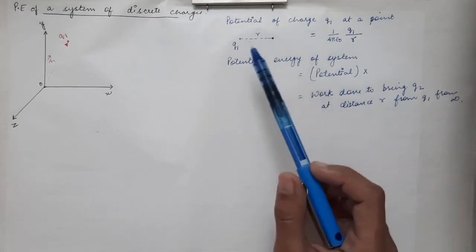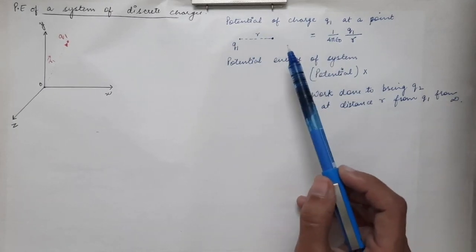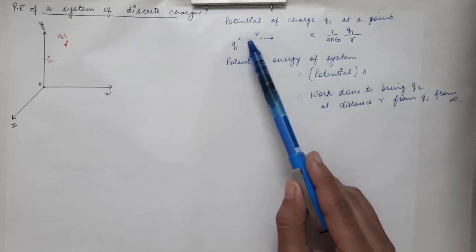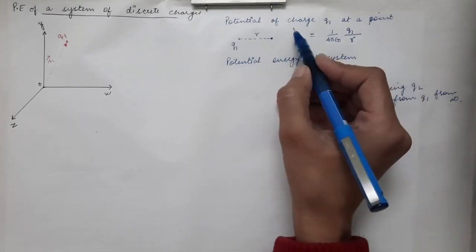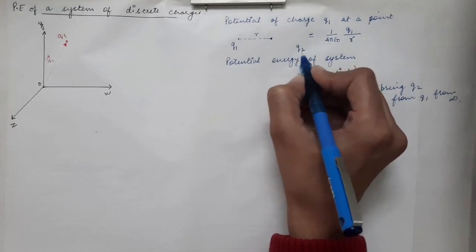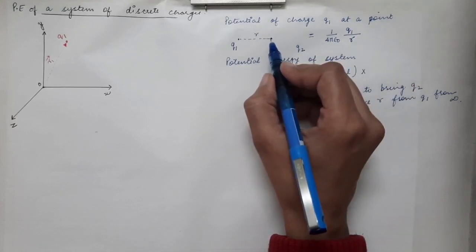Now, what is the potential energy for a particular system in which we are bringing, let's say instead of a unit test charge, we are bringing Q2 amount of charge from infinity to this same point.